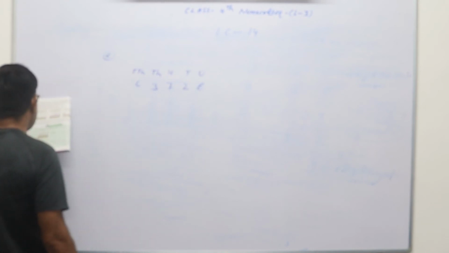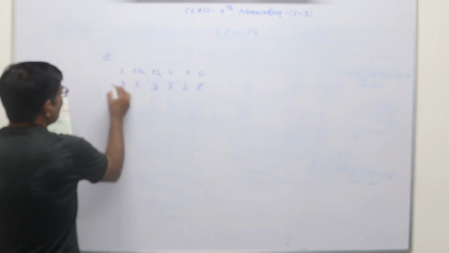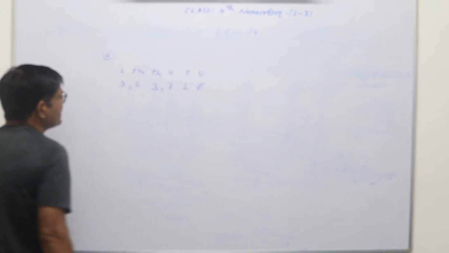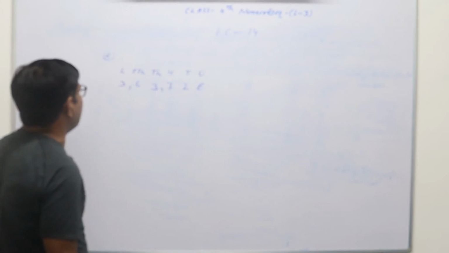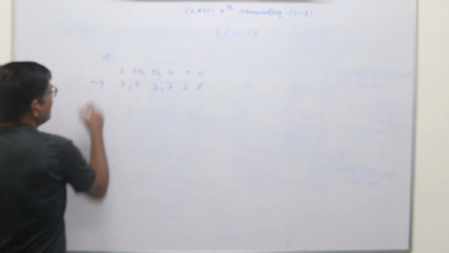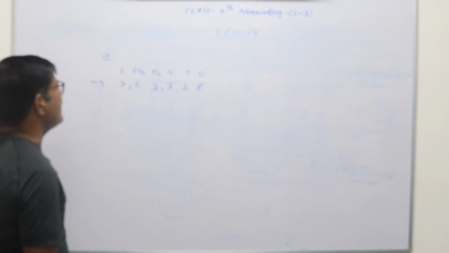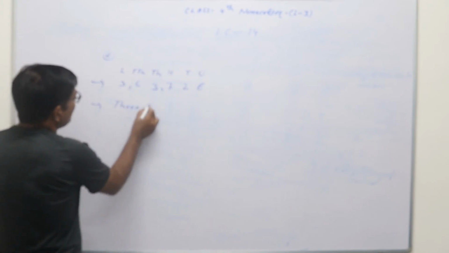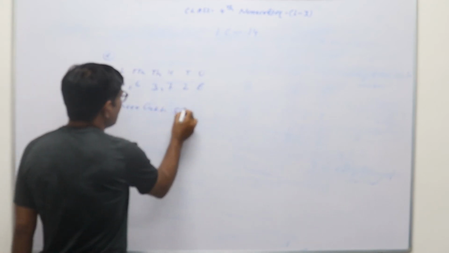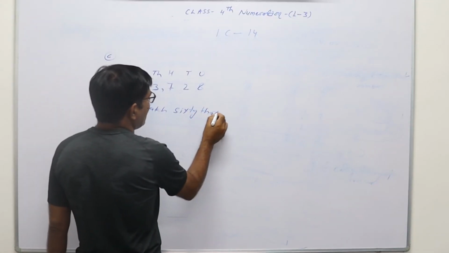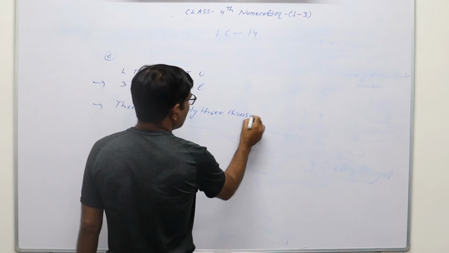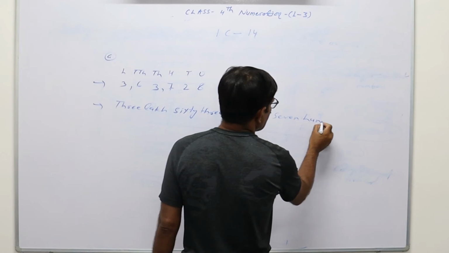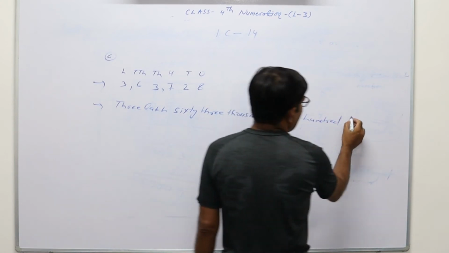And the number of beads at the place lakh is 3. So it will be read out as 3,63,728. So in standard form, 3,63,728, and in words.